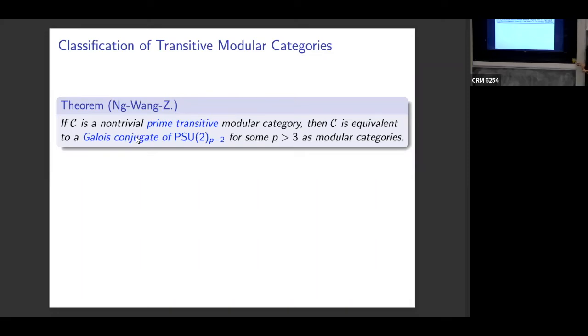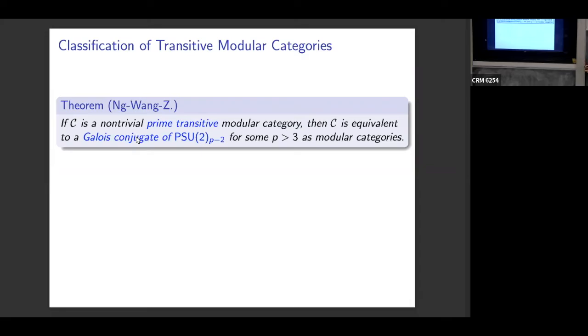Okay. So roughly speaking, to get to this point, first we need to start from the representation. Recall that transitive modular categories give us irreducible representations.